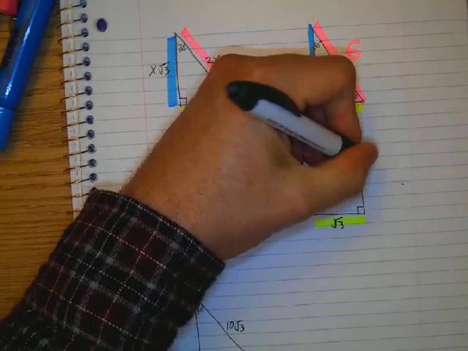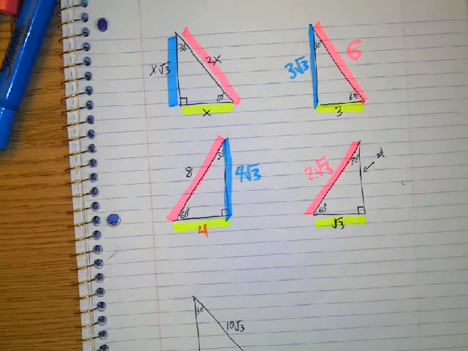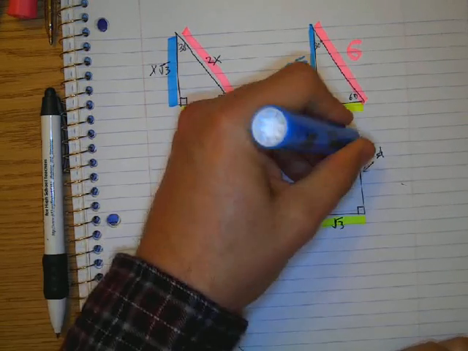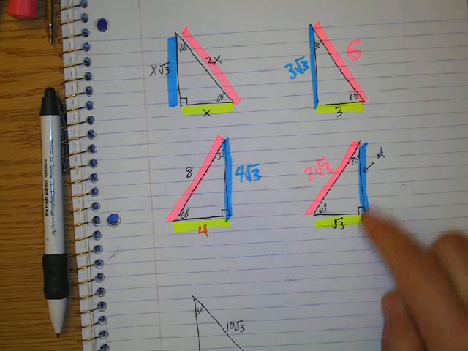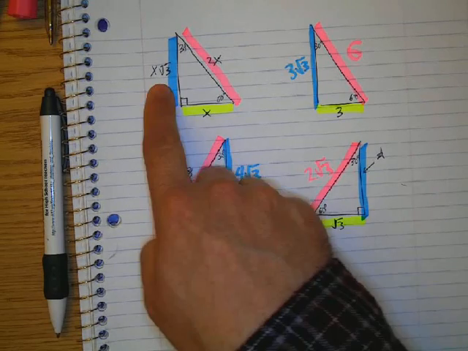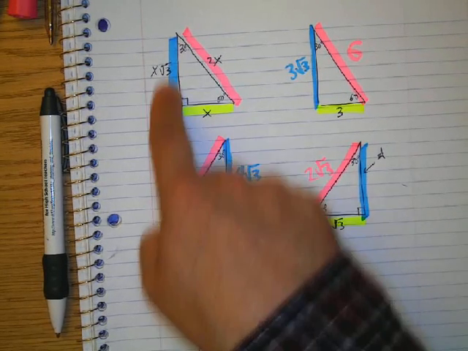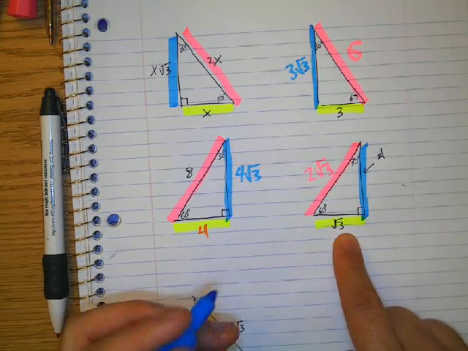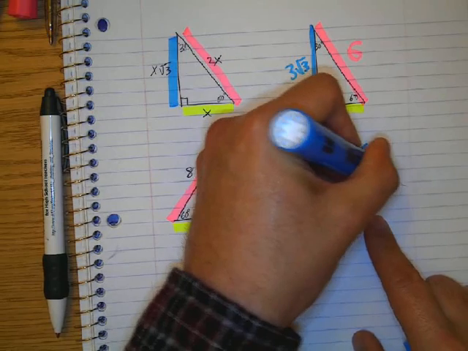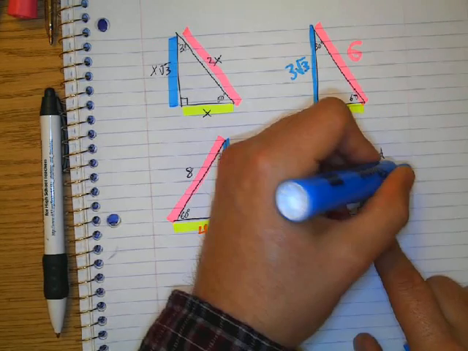Okay, now this side here is the one you need to think about for a second. Because we've always said this side here is the length of the yellow one times square root 3, right? This length times square root 3 gives me this, but this is square root 3. So I'm going to have square root 3 times square root 3.